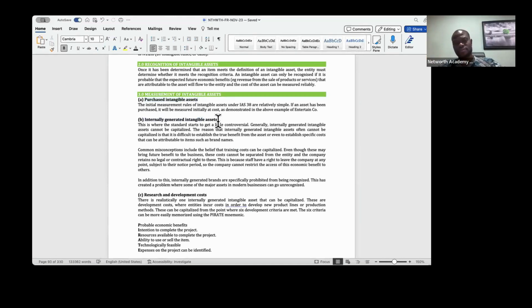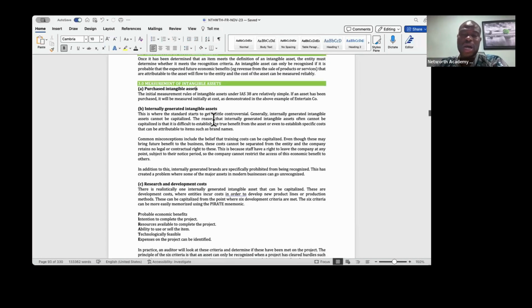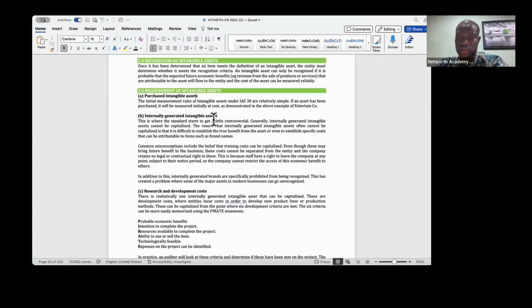Okay, so why am I talking about that? It is because the way we measure them is different. So the first one, which is a purchased intangible asset, is initially measured at cost, which is the amount you have paid for it.